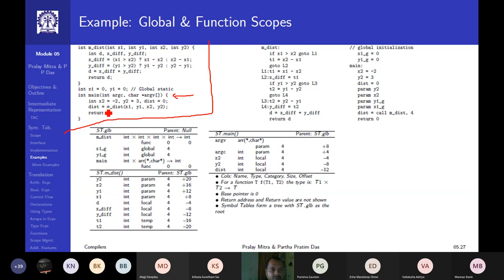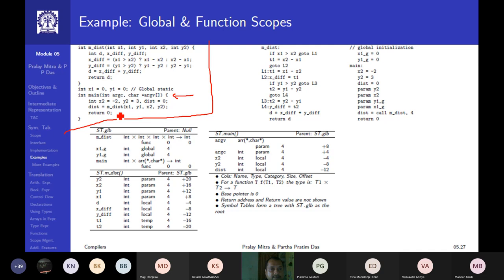Then dist equals a call to the function m_dist, passing the arguments x1, y1, x2, y2. Now x2 and y2 are local variables, whereas x1 and y1 are global variables, integer x1 equals 0, y1 equals 0. And finally main returns 0.